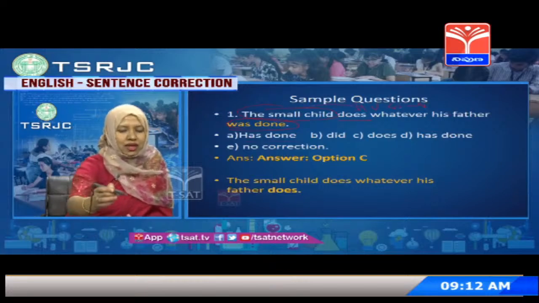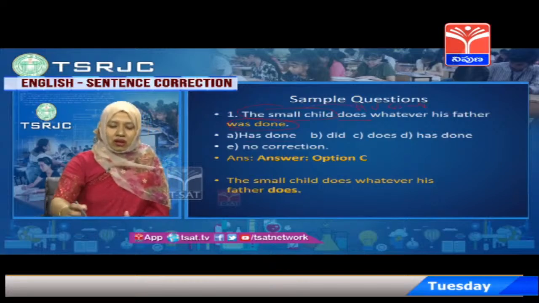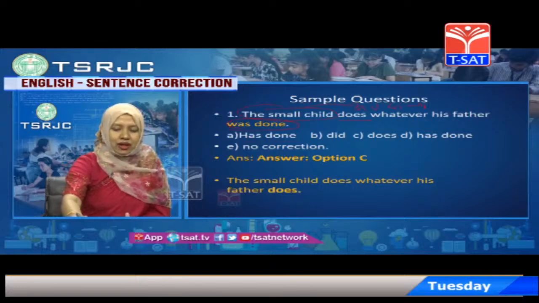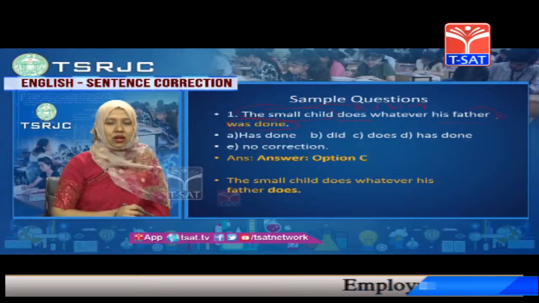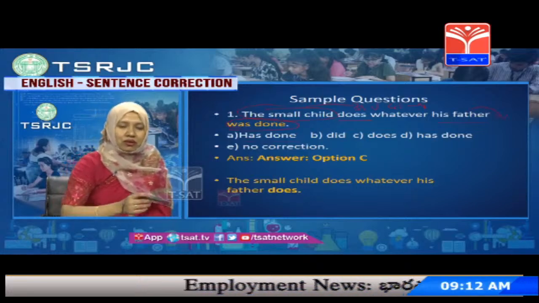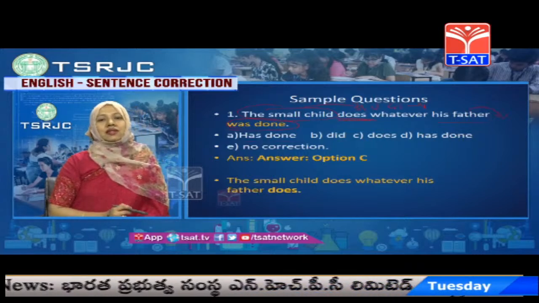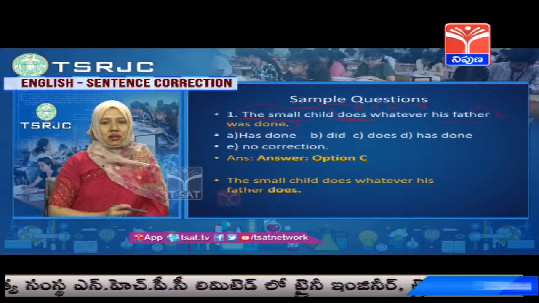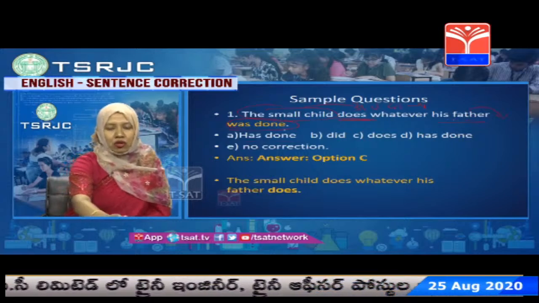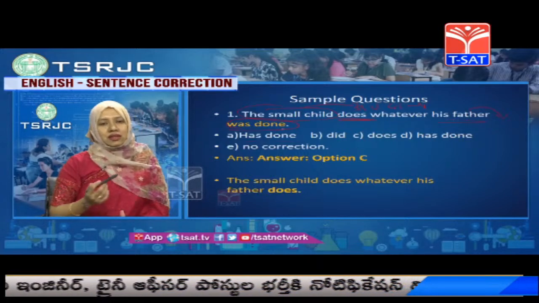So, with a singular subject, a singular verb. Next, whatever is connecting, his father dash. Now, the father is singular. So, what should come here? The sentence is in which tense? It is in simple present tense. So, the other part also should be in simple present.